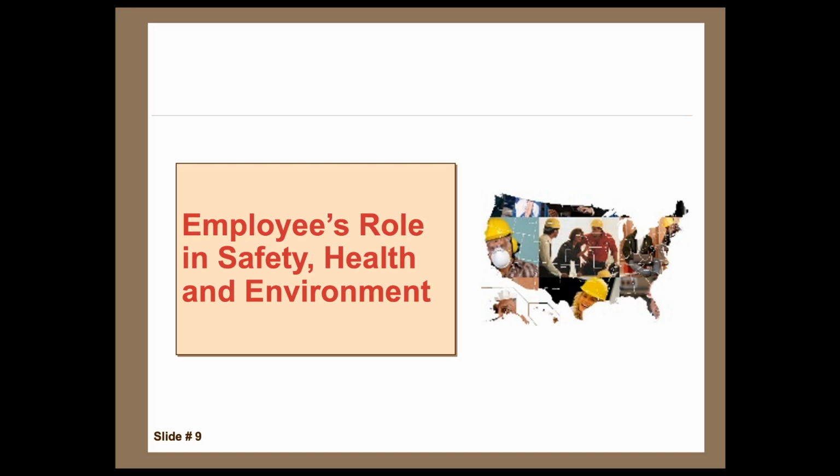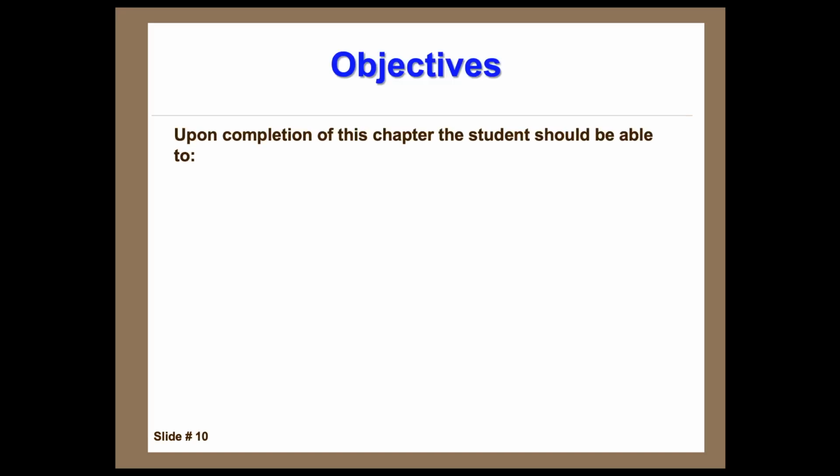Now, employees' role in safety, health and environment. You have to study employees' role in safety, health and environment. Upon completion of this chapter, the student should be able to describe how the process employee's role has changed in the last 30 years.